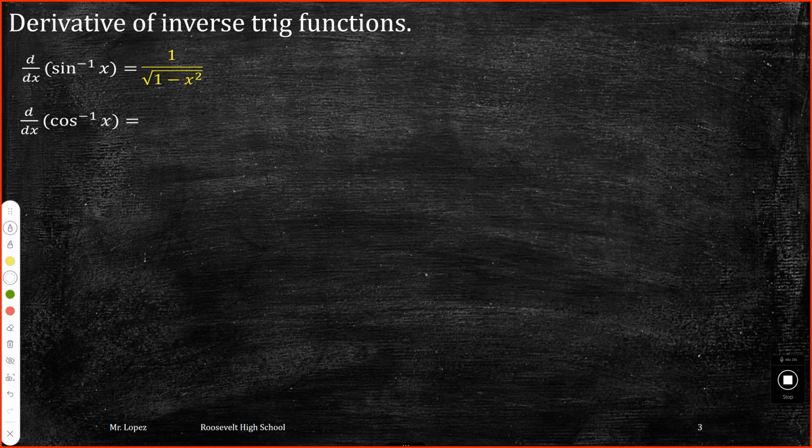I'm going to just guess, everybody. I'm going to guess that there's just going to be a negative right in front of it. Let me see if I'm right, because I'm not good at memorizing. Oh, yes, it is. So the derivative of cosine inverse of x, just put a negative in front of what the sine inverse was. Okay, good.